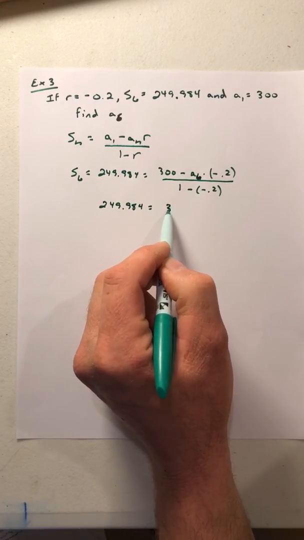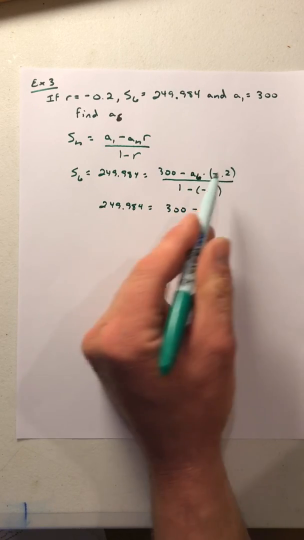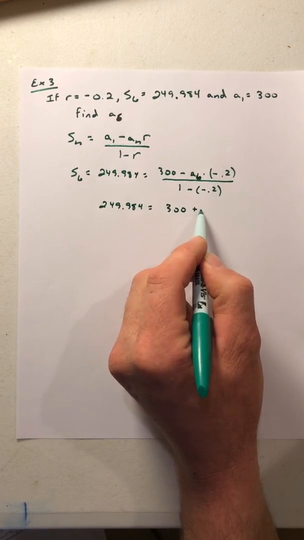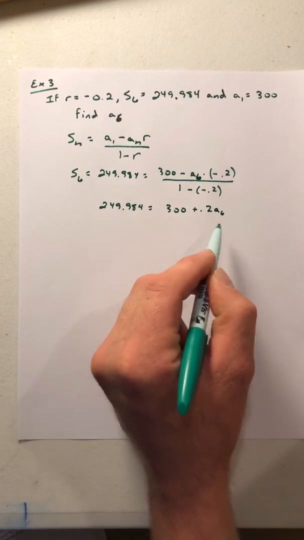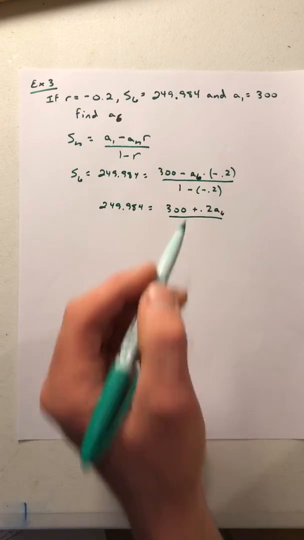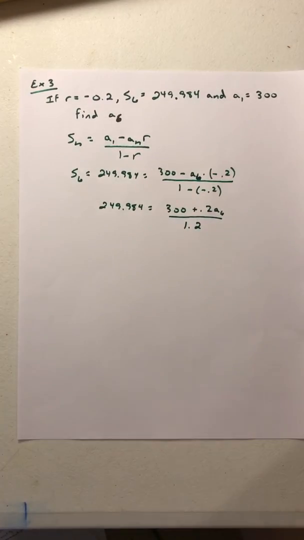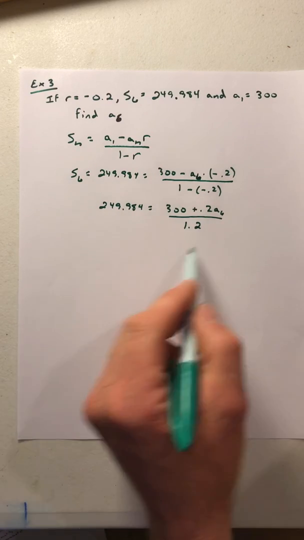So let's clean this up a little bit. We have 300, minus a sub 6 times a negative 2/10, which is going to be a positive 2/10 a sub 6, over 1 minus a negative 2/10, which is going to be 1.2. I'm going to pull my calculator out because I don't know. 249.984 times 1.2, we multiply that 1.2 over.